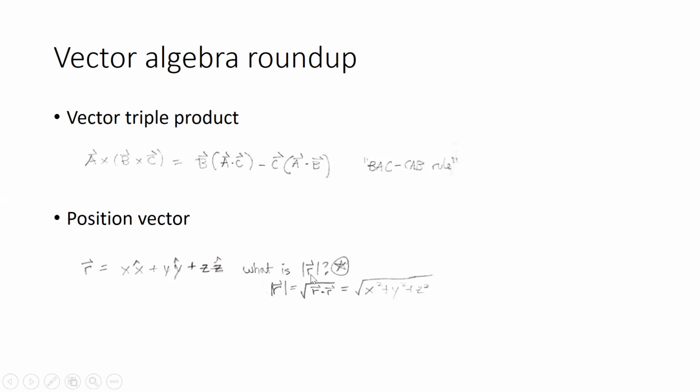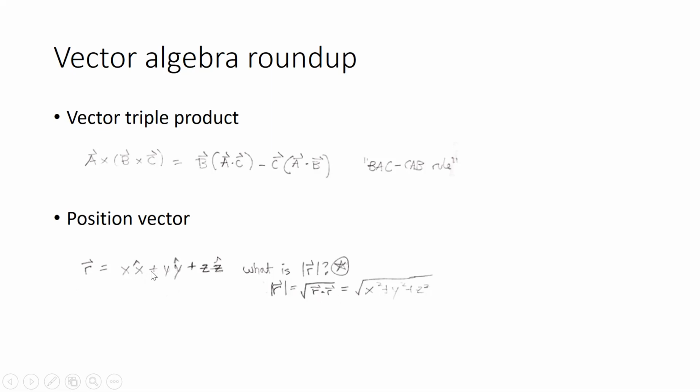So then what would the length of r be equal to? The length of r would be equal to the square root of the dot product of r with itself, the square root of the magnitude of r squared, which is the dot product of r with itself.